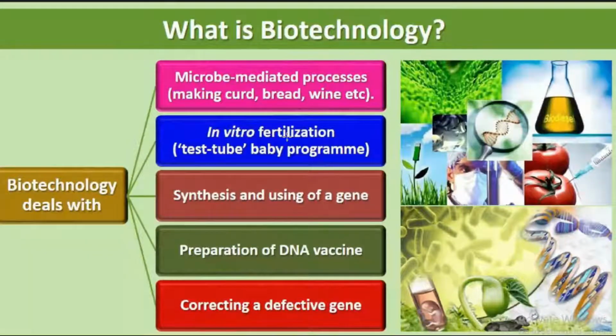It is otherwise known as test tube baby. That program is known as in vitro fertilization. Next is synthesis and using of a gene. Synthesize new gene. Preparation of DNA vaccine. Correcting a defective gene. So biotechnology deals with all these things.